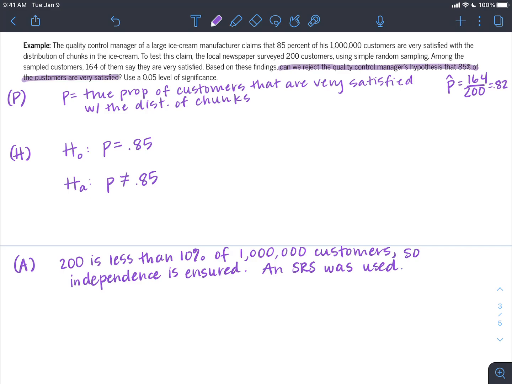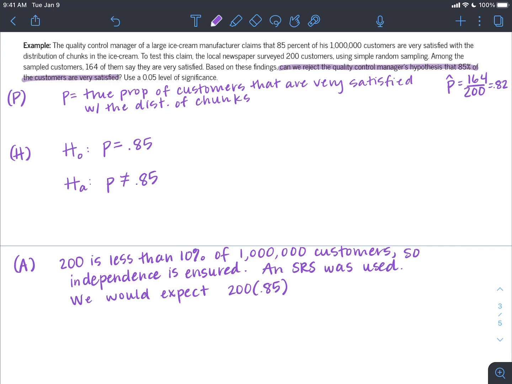So now we're going to look into normality. So let's see if it's normal. To test that, we're going to find the expected number of successes and failures based off of their claim. So we would expect N times P, so that's going to be 200 times 0.85. Remember, we only use that P hat like once in this entire thing. We use P most of the time.